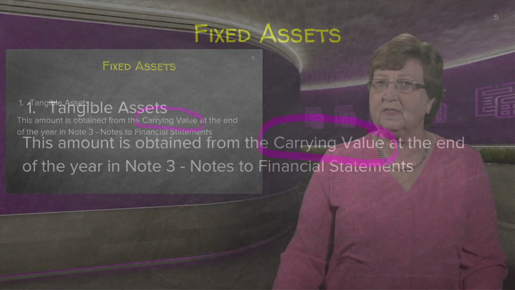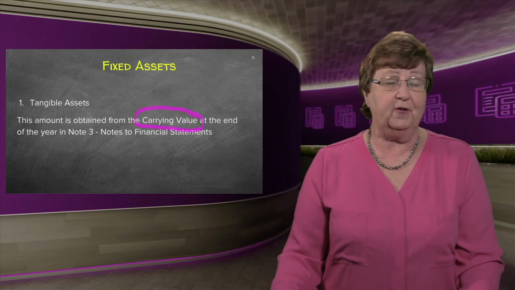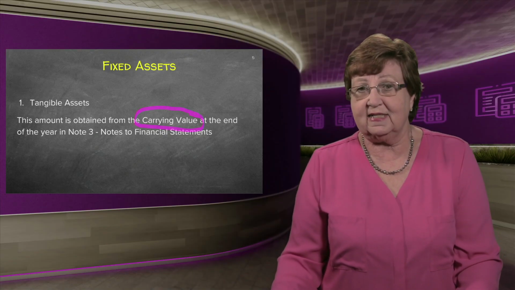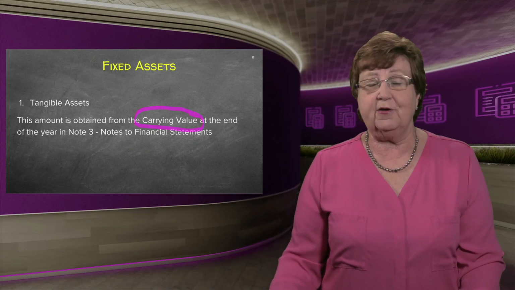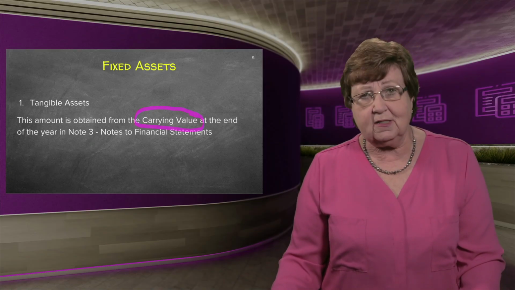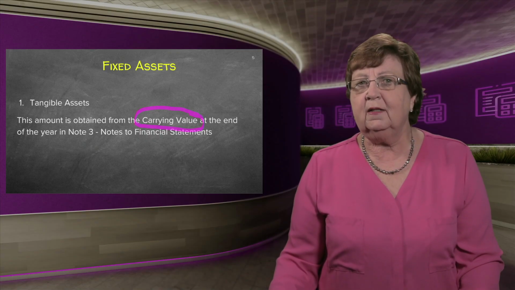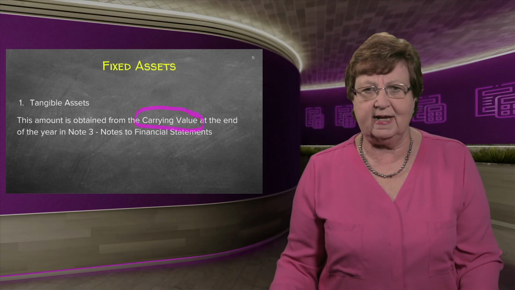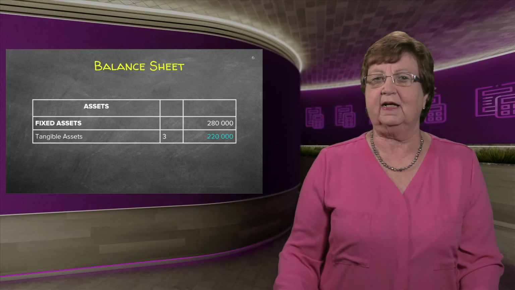Why? Prudence is being conservative. And so we are showing our fixed assets or our tangible assets at a reduced value. And the reduced value or the carrying value is cost price minus accumulated depreciation.